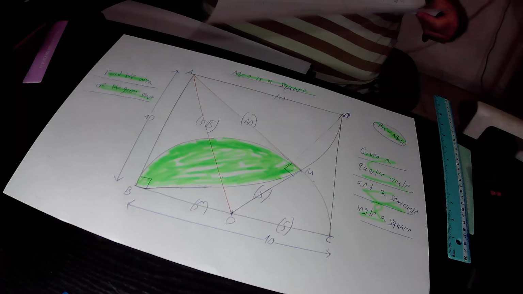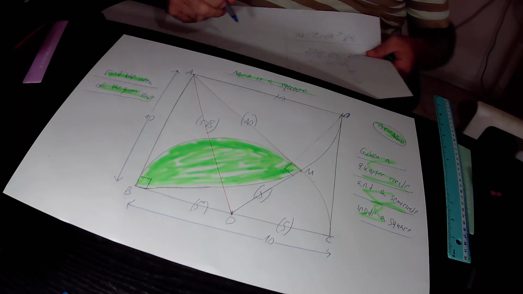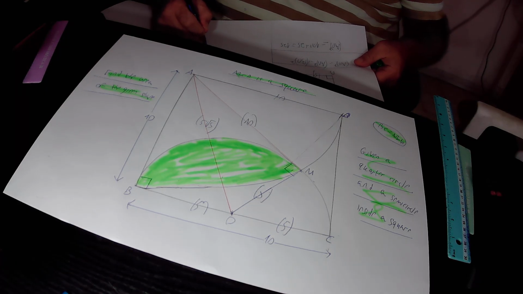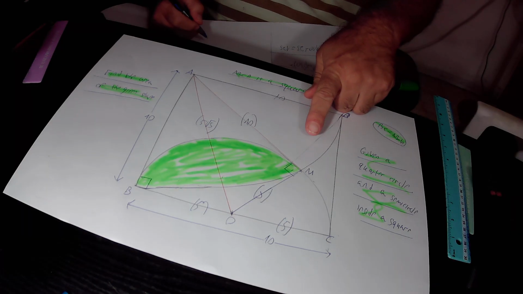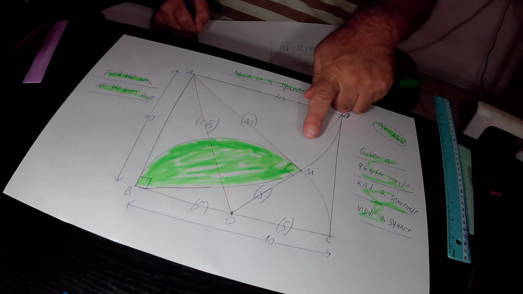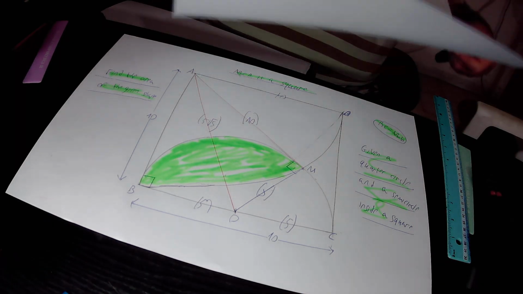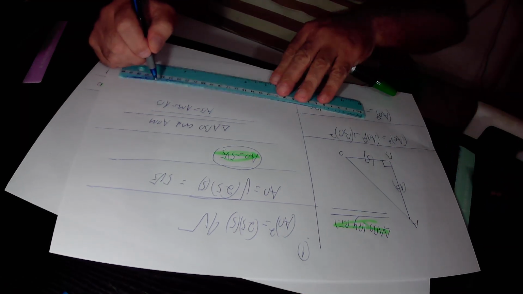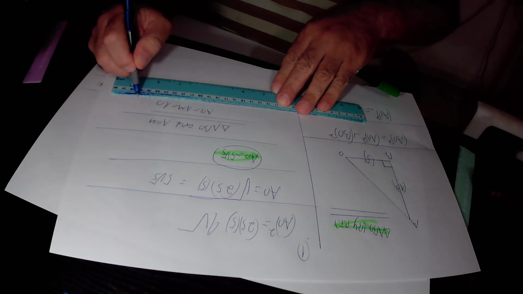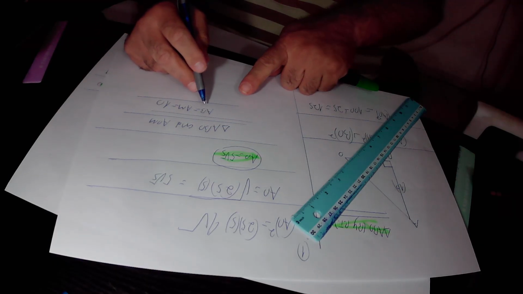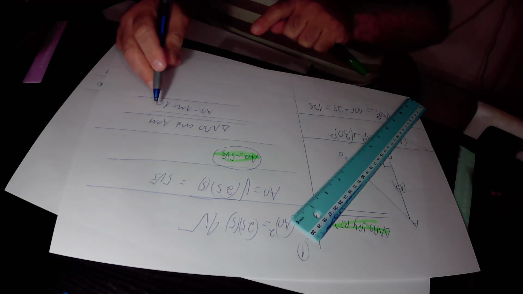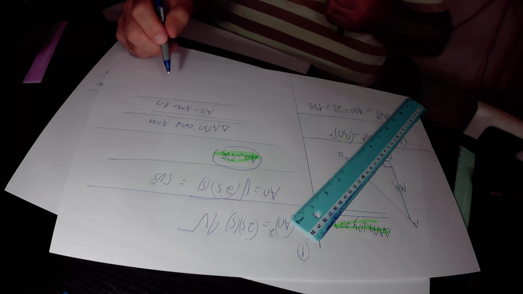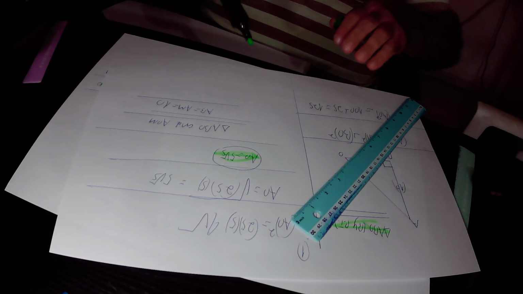So side AB of the right triangle ABO is equal to side AM of the right triangle AOM. Repeat again: side AB of the right triangle ABO equals side AM of the right triangle AOM. They are both equal to 10 and therefore they are equal to each other.